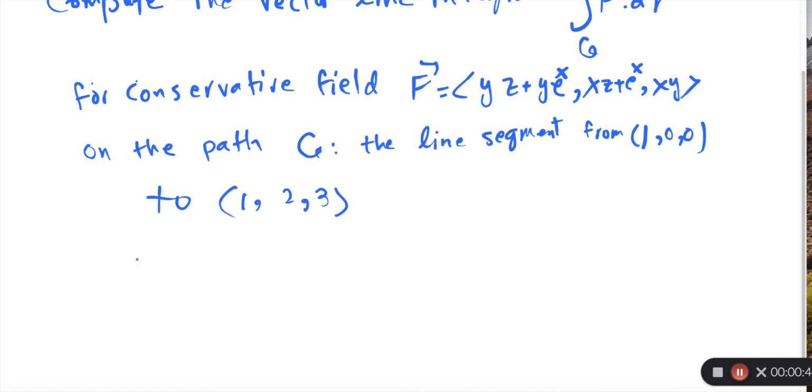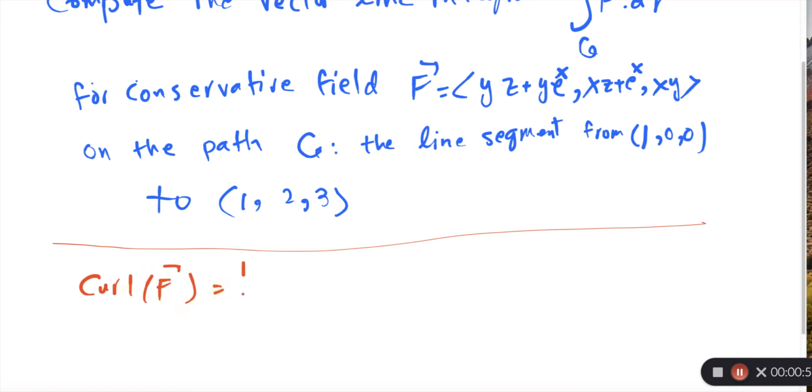So let's say this problem is telling me that the field is conservative. I can check if the field is conservative also by taking the curl of F, which is i, j, k and partial x, partial y, partial z of yz plus e to the power x, then xz plus e to the power x, and xy.